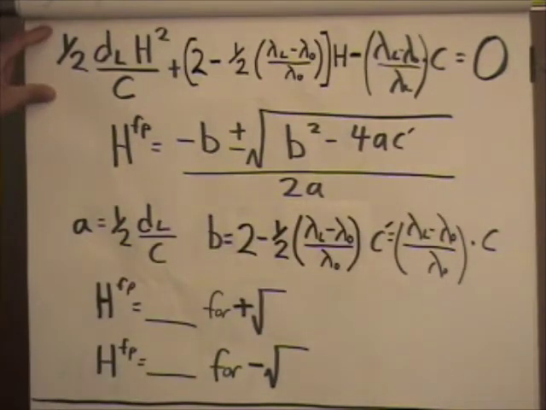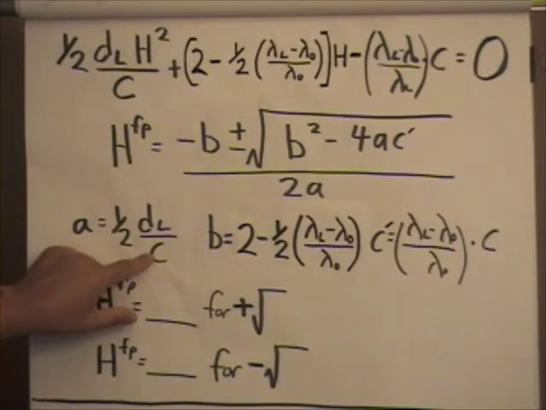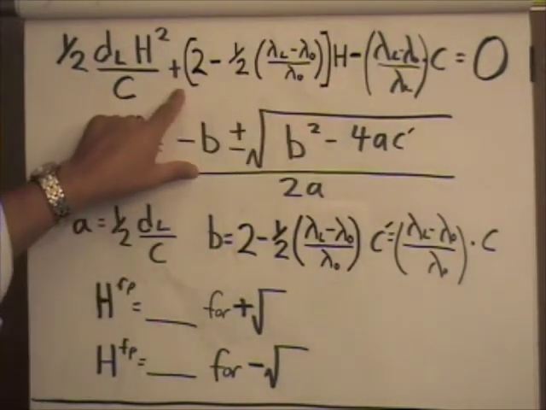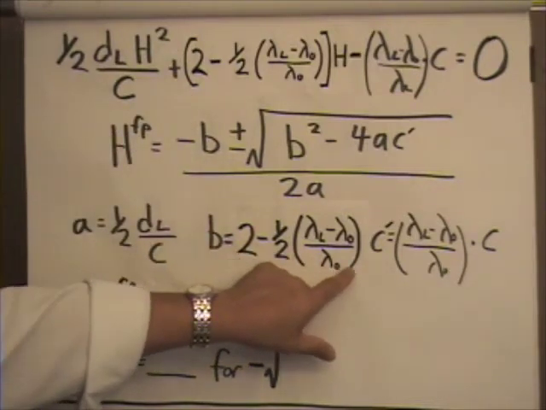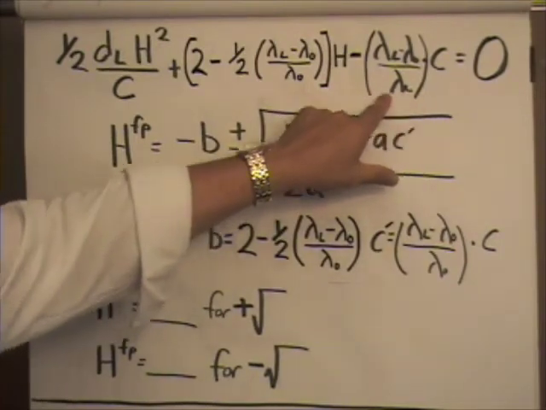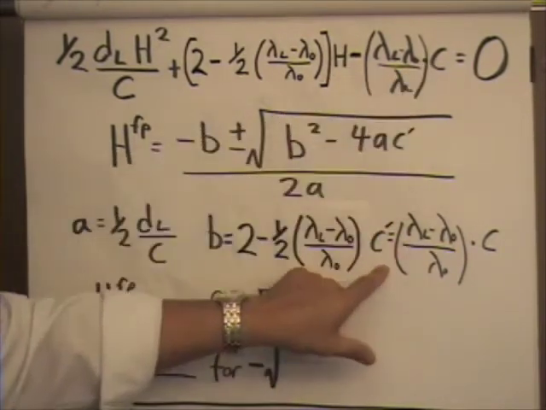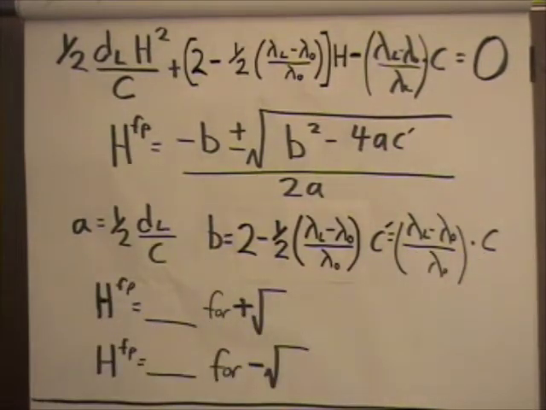And from this formula we can see that the a in the quadratic equation is 1/2 dL over c. The b in the quadratic equation is 2 minus 1/2 of the redshift. And the c prime in the quadratic equation is the redshift times the speed of light.